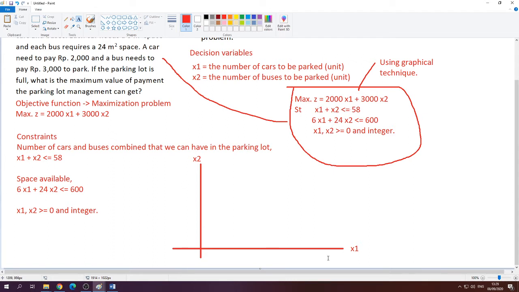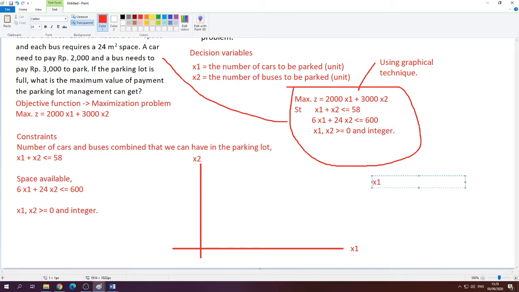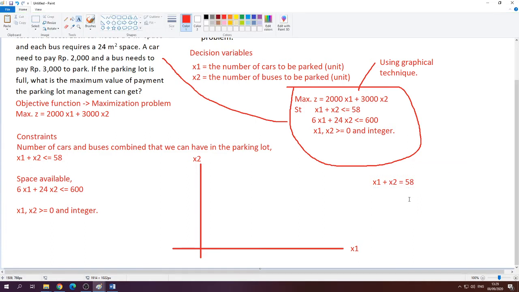In order to draw a line in the x1 and x2 space, we just ignore the inequality and put the equality sign. So we're going to put x1 plus x2 equals 58. We do this in order to draw a line. So now set x2 equals 0. When x2 equals 0, then we have x1 equals 58.